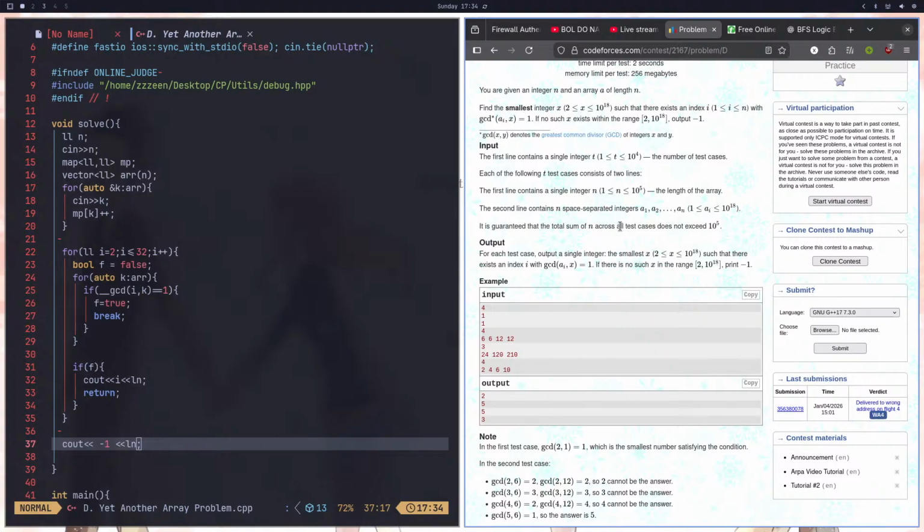The thing is smallest... डिवाइड नहीं करता हो.